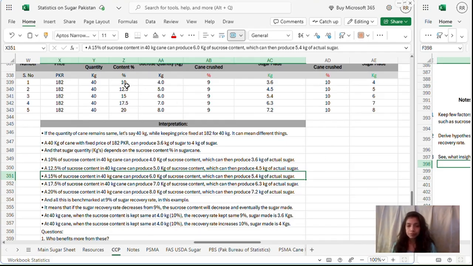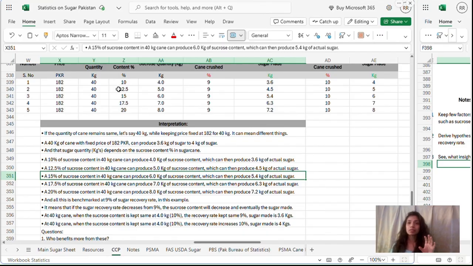Now this 10%, 12.5%, 15%, 17.5%, and 20% sucrose content percentage in 40 kg does not mean that the whole 40 kg accounts for 10% of sucrose content. It means every cane in that 40 kg has 10% or 12.5% sucrose content.